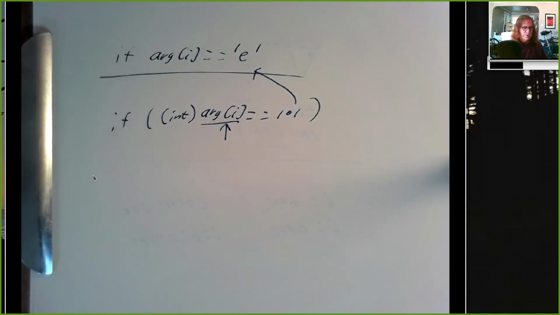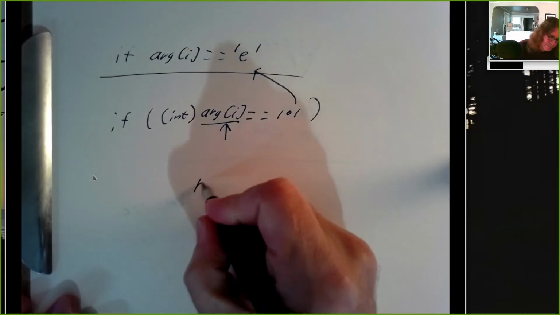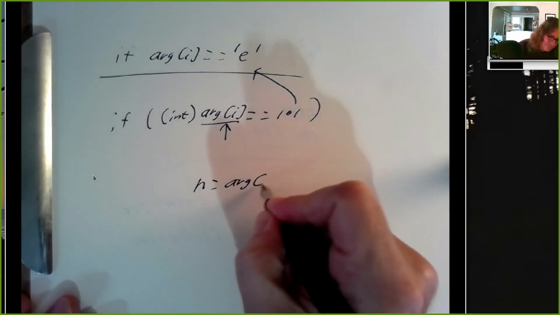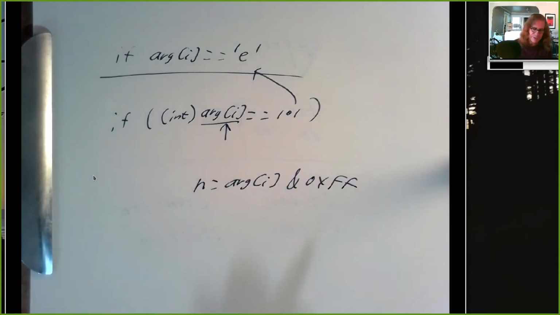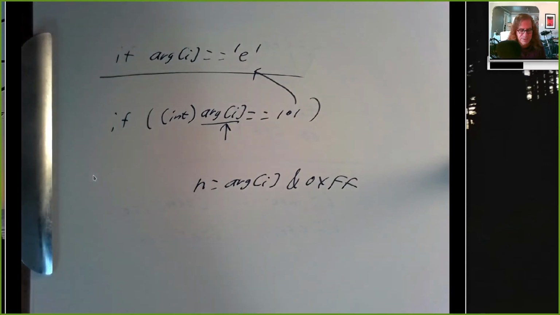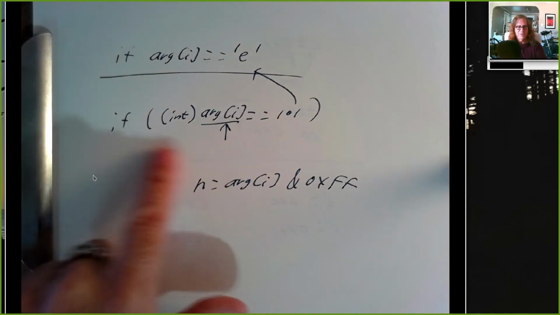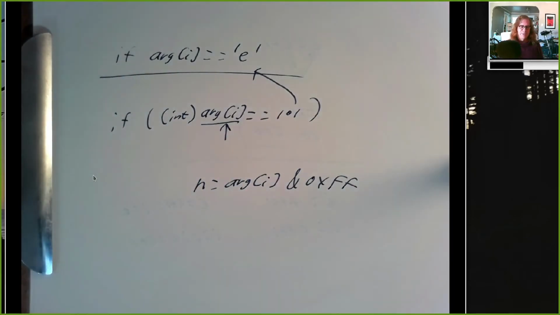And if I was worried about that, I would probably do something like n equals arg bracket I, and I would end it with a bit mask to throw away those other bits. I suspect the compiler is probably pretty friendly about doing this, but run some test cases and try some negative numbers, because those have upper bits also.